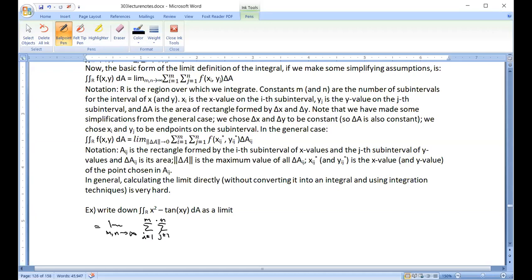And now we need the function of xi, yj. What is that? That's just xi squared minus tan of xi times yj. And then all that times delta A. And again, this is writing down the limit using the simplifying assumptions, which is fine for our purposes.